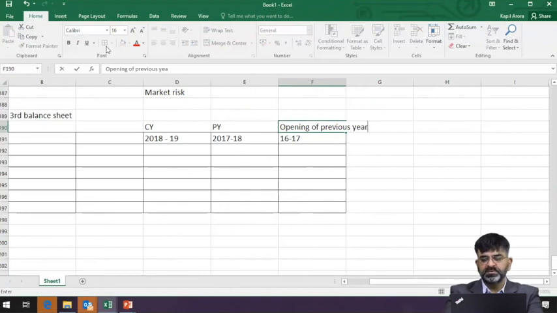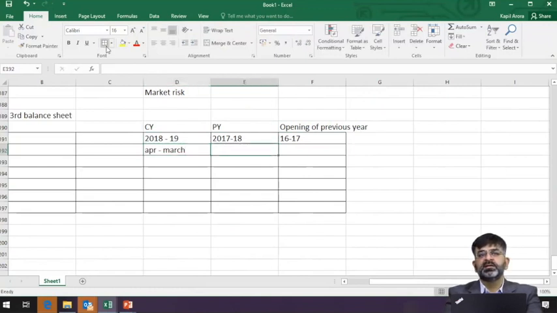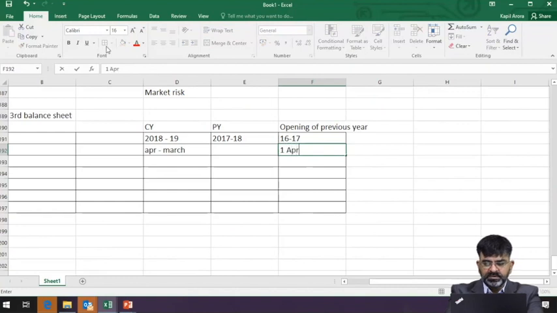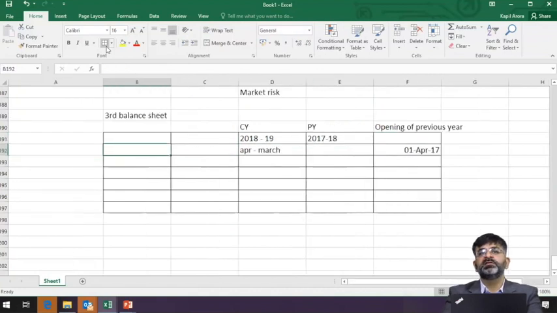If you are following April to March, 1st April 18 to 31st March 19 is this date, 1st April 17 to 31st March 18 is this date, and this would be 1st April 16, which is the opening of the previous year. This is the third balance sheet which we prepare.